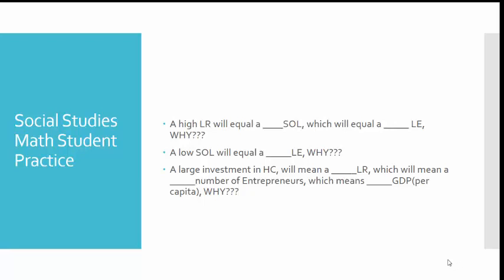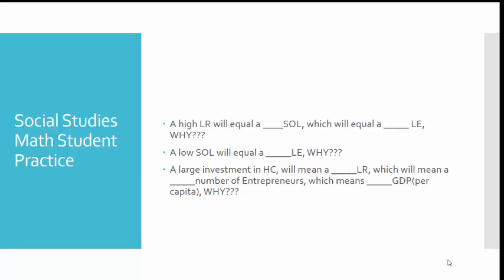And it can become more complex, such as the last problem, which has a large investment in human capital will mean a high literacy rate, which will mean a high number of entrepreneurs, which means that the GDP per capita will also be high.